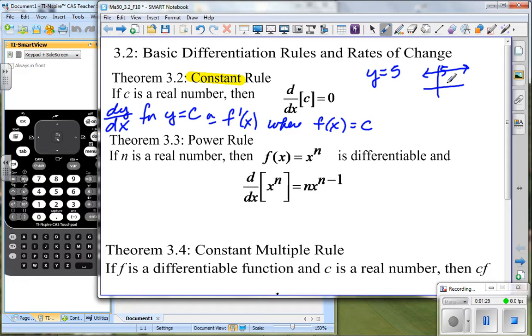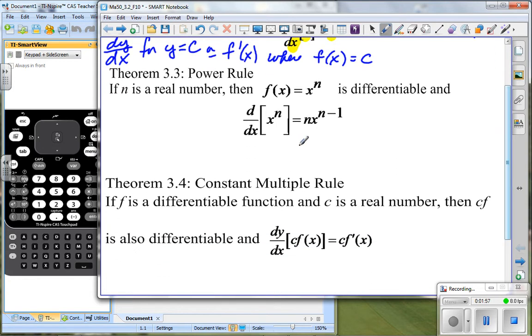So we want to know what is the slope of that line, and of course our slope is 0. Hence, the derivative of our function with respect to our input variable x, the slope, is equal to 0. The same discussion is going to be used with these problems as we've been using. Okay, so we go on.